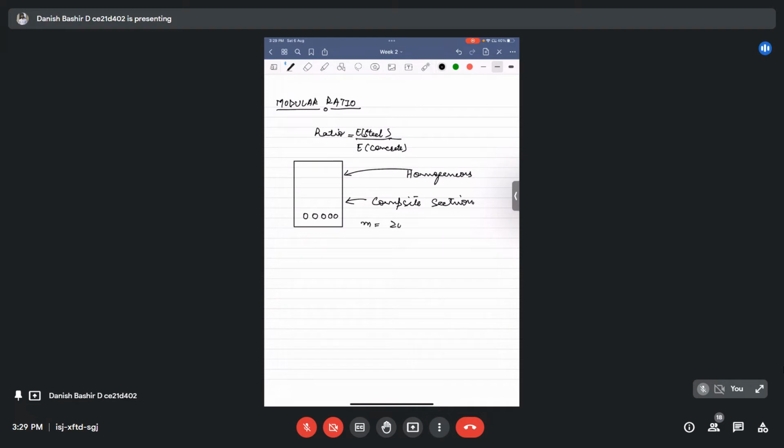It is 280 divided by 3 sigma CBC, in clause B-1.3(d), where sigma CBC is the permissible compressive stress in concrete in bending.